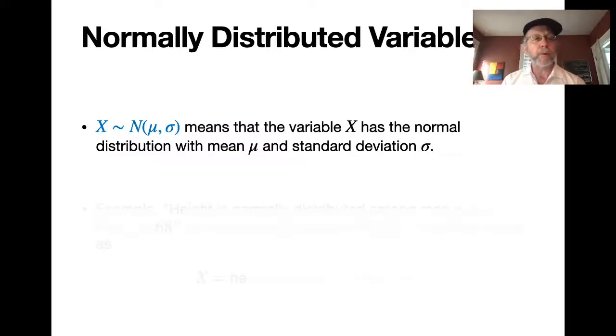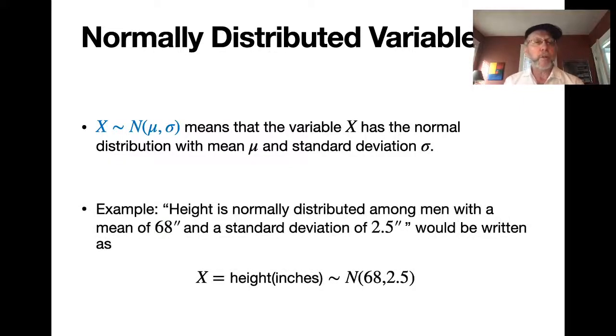So for example, if height is normally distributed among men in a certain population with a mean of 68 inches and a standard deviation of 2.5 inches, you could compress all that into that little equation I have below: X equals height in inches, and it's normally distributed with mean 68 and standard deviation 2.5.